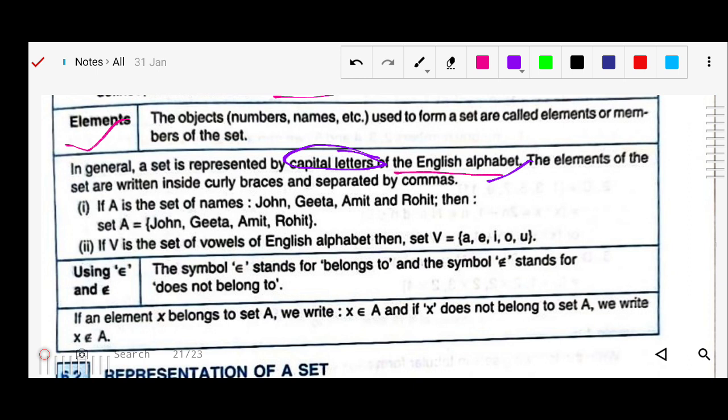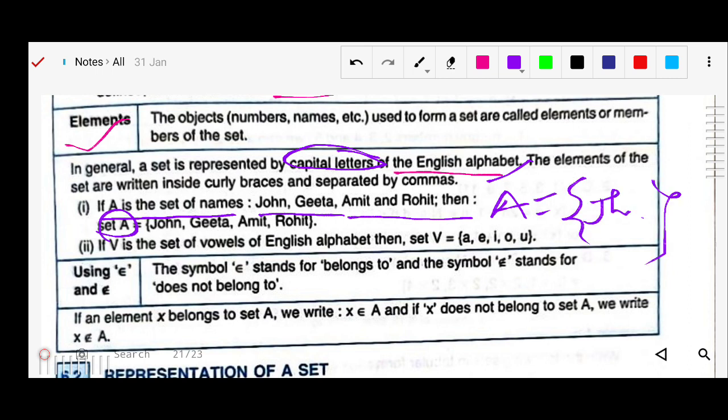Like if A is a set name, and John, Geeta, Amit are in that particular set, then we write A equals curly brackets, and inside the curly brackets you write John, comma, Geeta, and so on. These John, Geeta are the elements of set A.